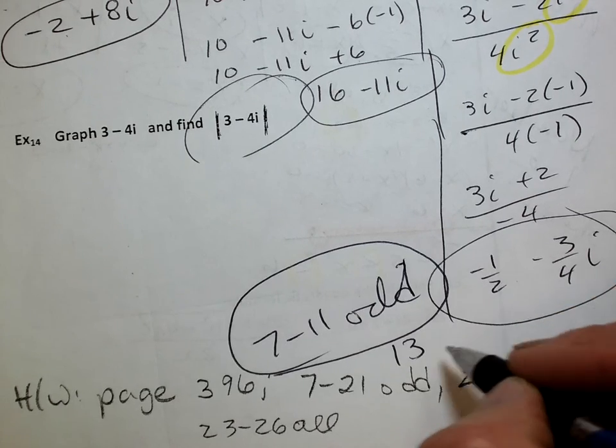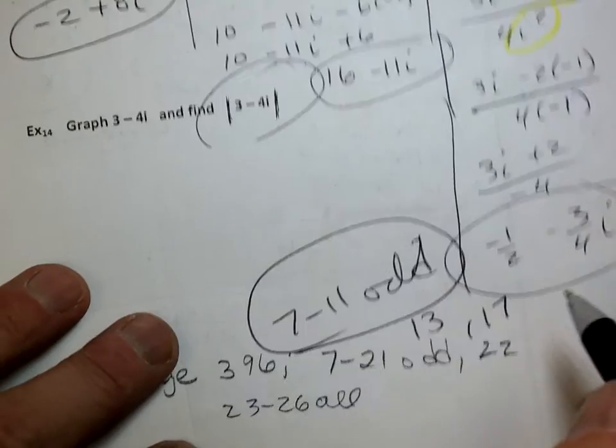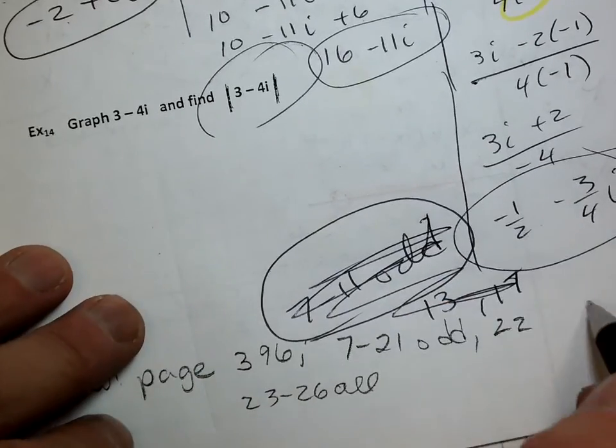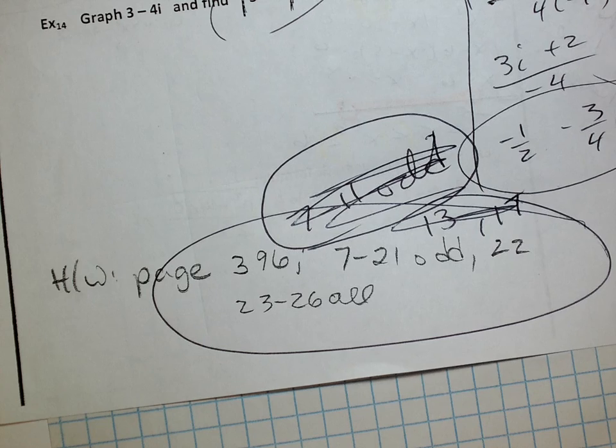It would be good to do 17. You know, gosh, I like all these. Okay, scrap that. Let's just do what I already had, because I already did these. Sorry, my bad. Let's just do the full 7 to 21 odd, 22, because I'm going to end up assigning those anyway. Let's go back to the original.